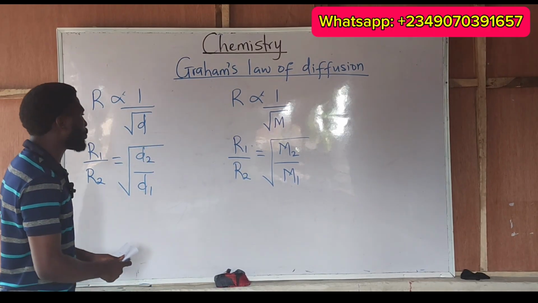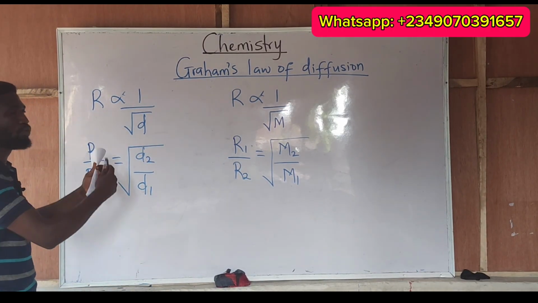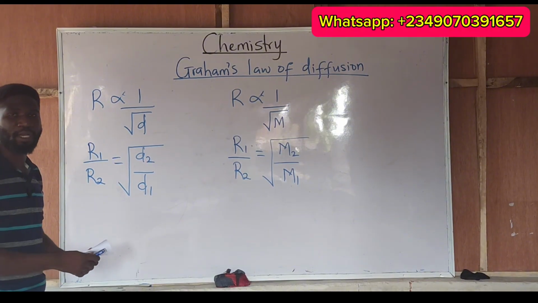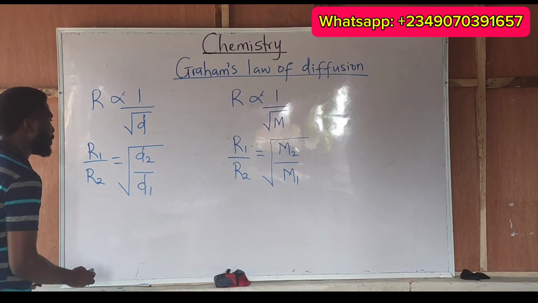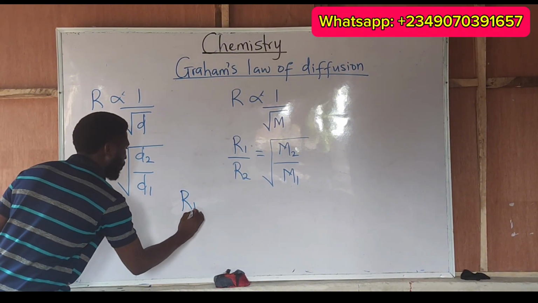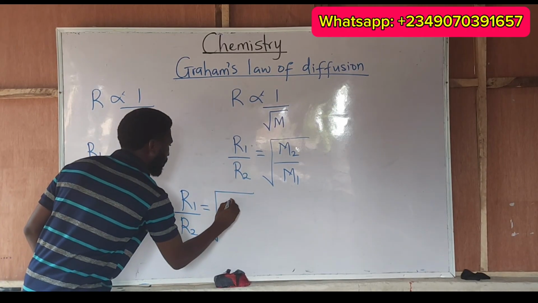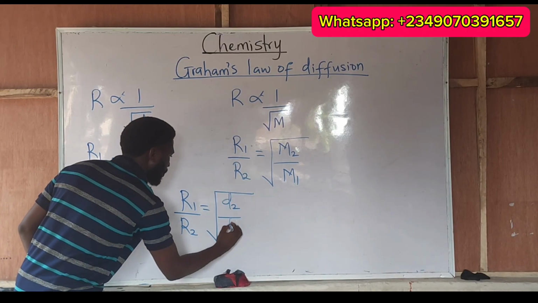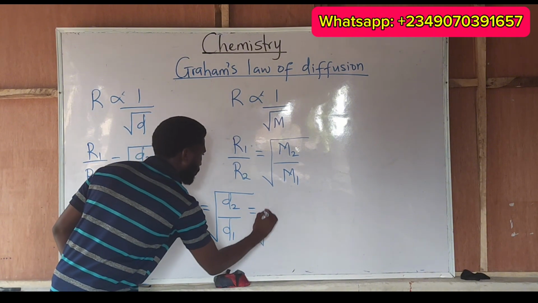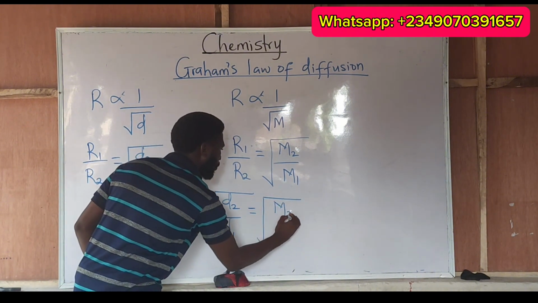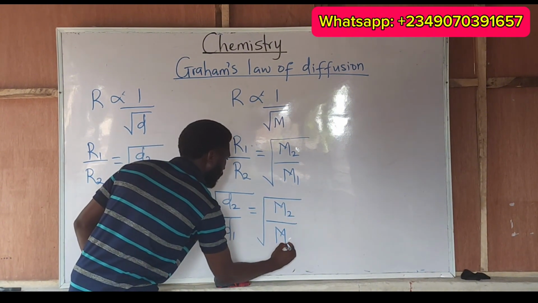So what if I want to relate these 2 formulas together? I can have it this way: R1 over R2 equals the square root of D2 over D1, then equals the square root of M2 over M1.